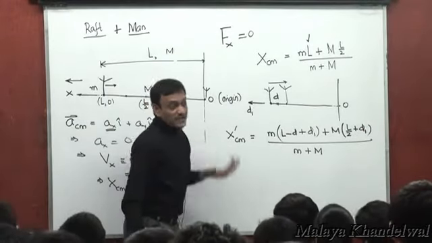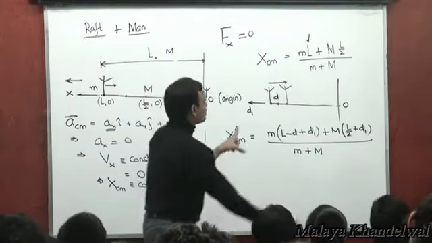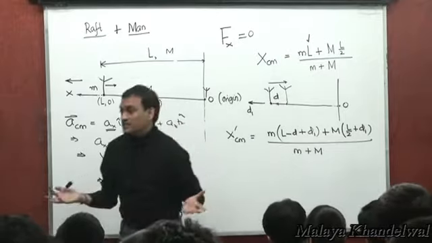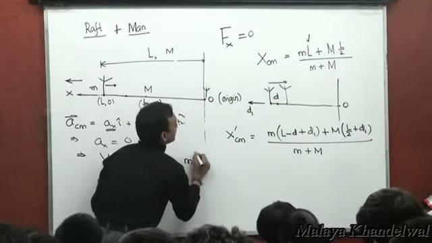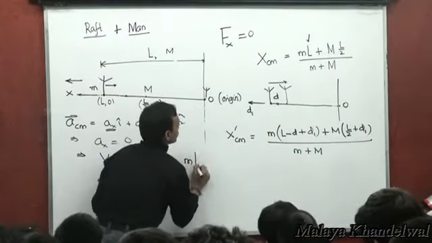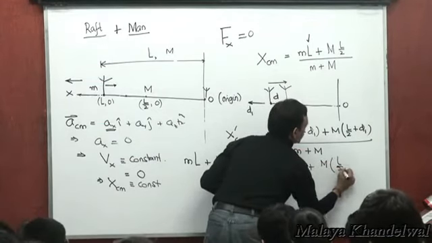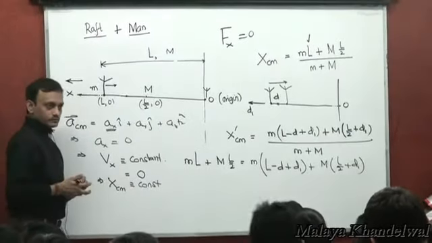The x coordinate of the center of mass of the man plus raft couldn't have changed. So this numerator must equal this numerator because the denominators are the same, and equating the numerators means m into L plus capital M into L by 2 equals m into (L minus d plus d1) plus capital M into (L by 2 plus d1). Yes or no?